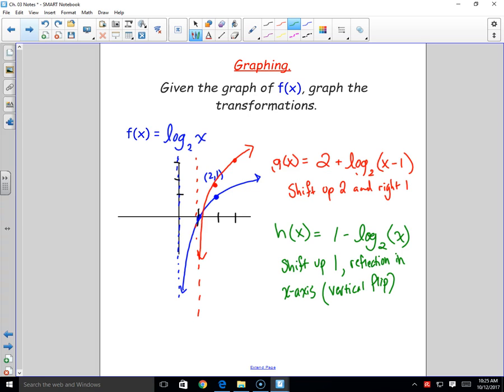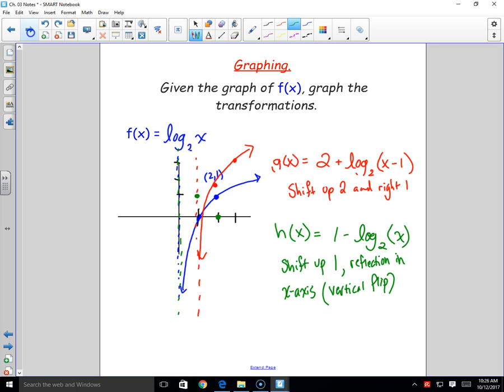If it's all simplified, we can do it in order, like PEMDAS: the multiplication goes first and then the addition. So the negative goes first, and I would flip first. Does this one flip? No, so it stays and then I shift up 1. This one needs to flip and then shift up 1. Does the vertical asymptote flip and shift up 1?